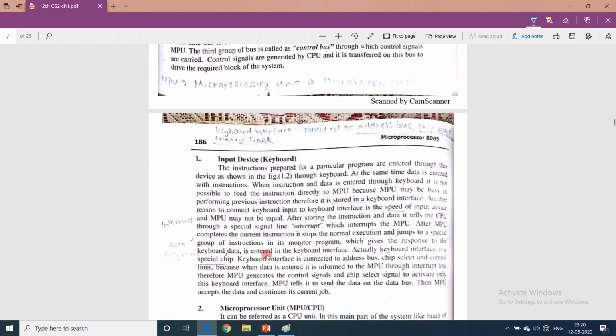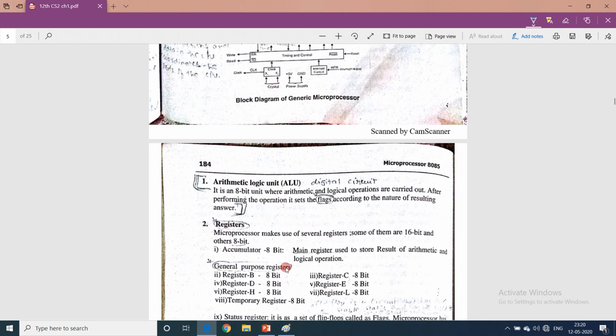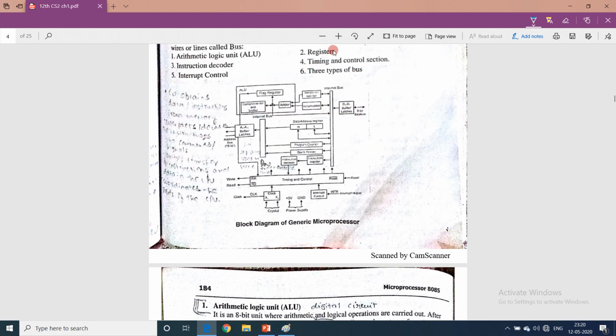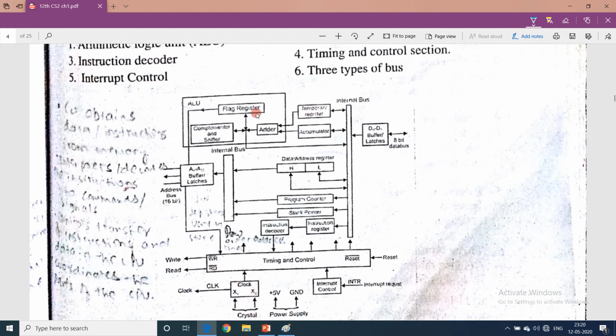Here, can you see this ALU? It has a flag register. Can you see this adder? The binary adder which I was talking about in the arithmetic logic unit of the 8085 is this binary adder.